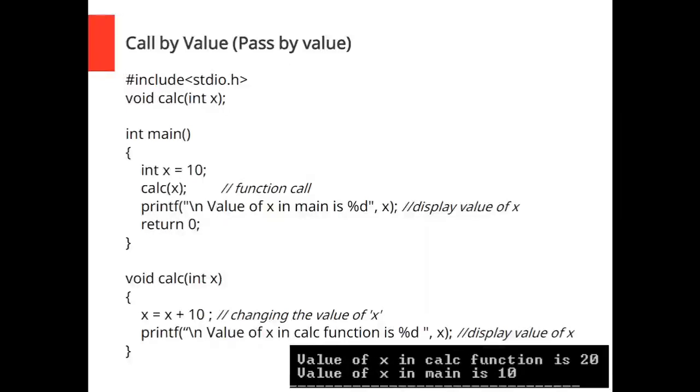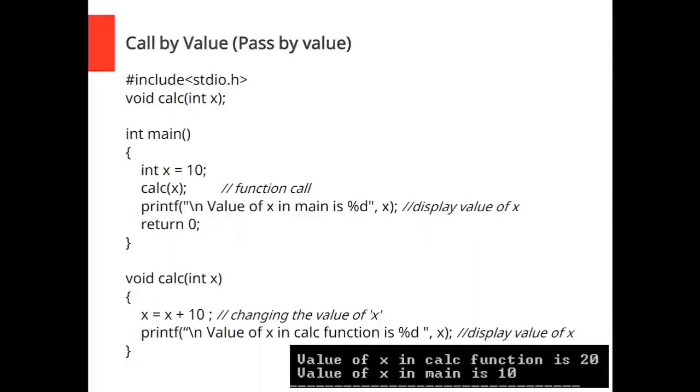Inside the main program, there is a variable declared int x, which is local to the main function and initialized with the value 10. Now we are calling the calc function with this value x. So calc x is the function call.